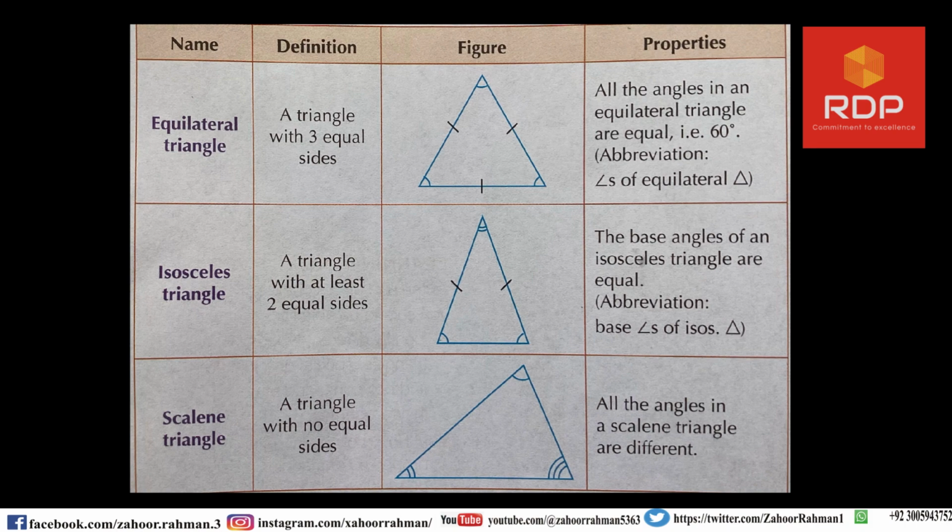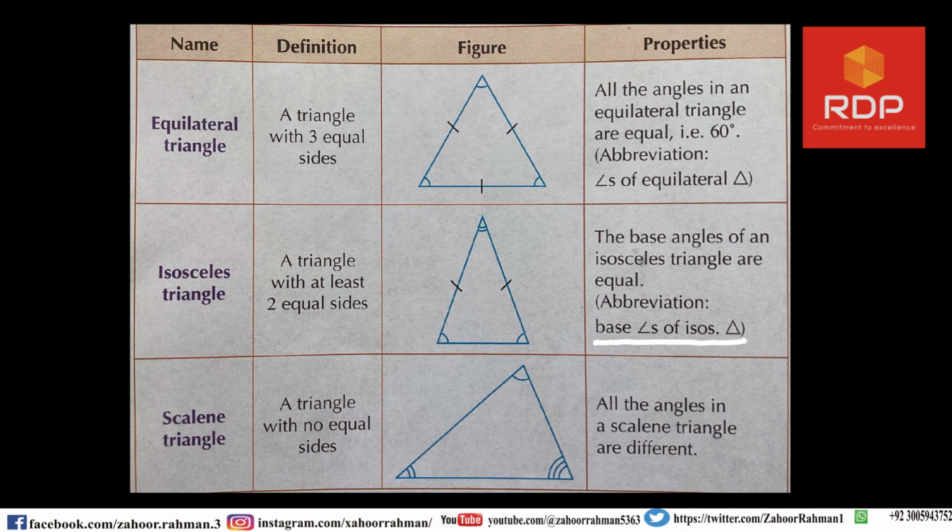In this case, if we are referring to this property of the isosceles triangle, then we will say base angles of isosceles triangle. This one, in the first case, is angles of equilateral triangle.